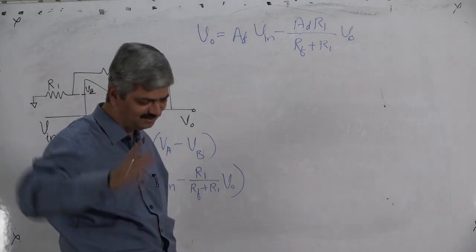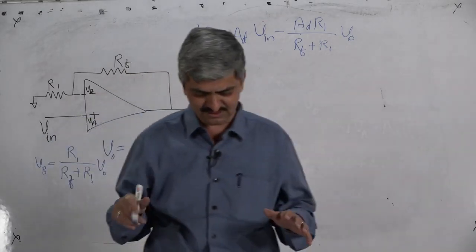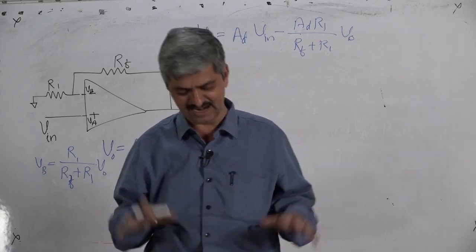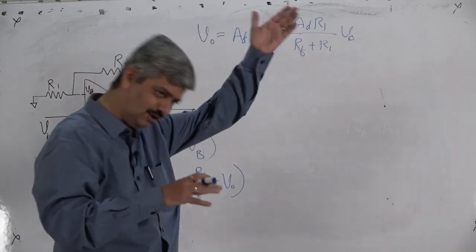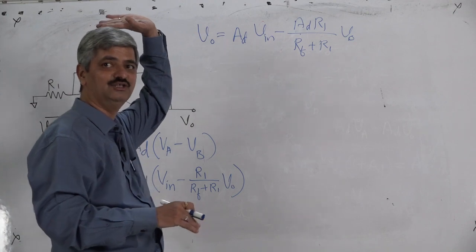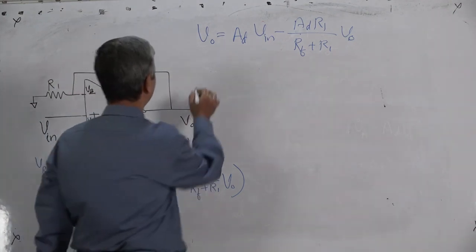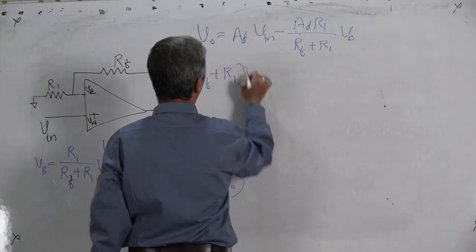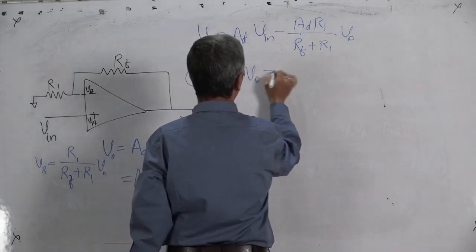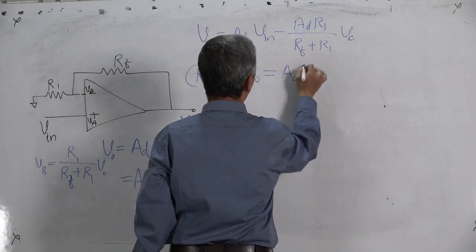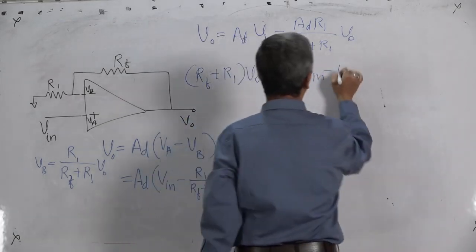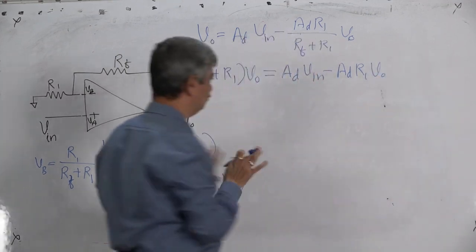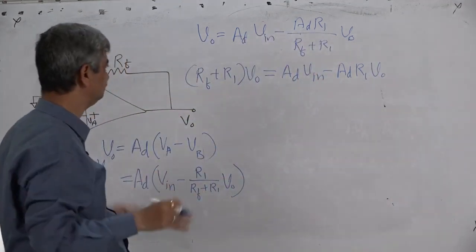It is not that it is something different, just like left and right. Normally, people prefer the right hand and not the left hand. So you get rid of the denominator by multiplying with the denominator. So, what do we get? RF plus R1 times VO is equal to AD V in minus AD R1 VO. Again high school level, no rocket science.